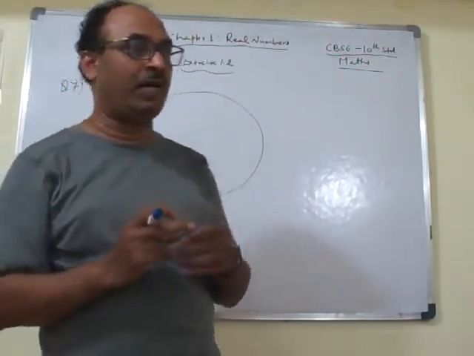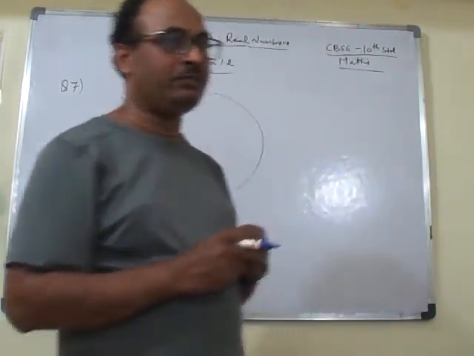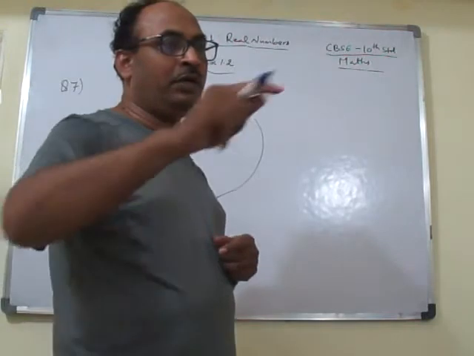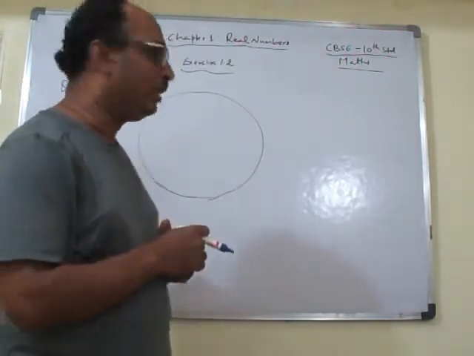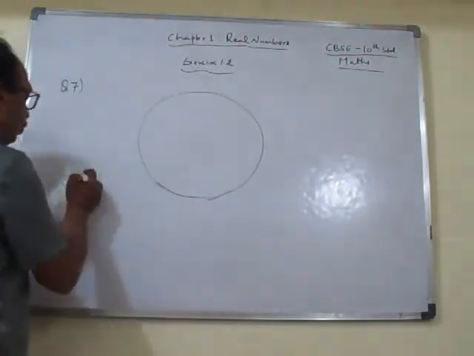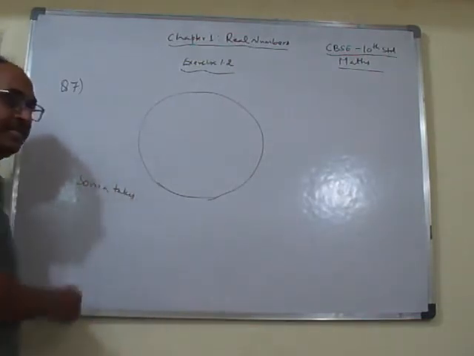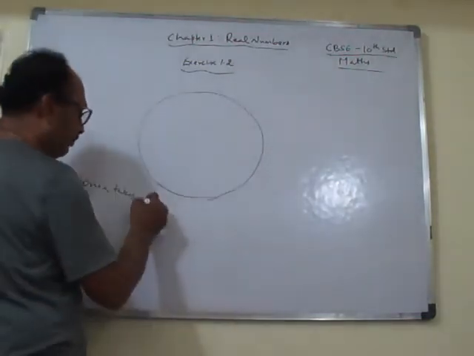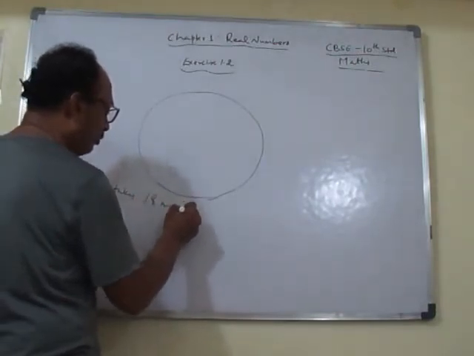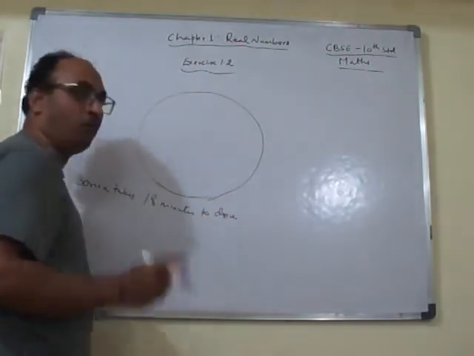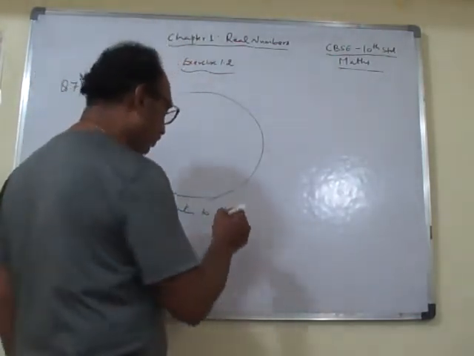Sonia takes 18 minutes to drive 1 round of the field.